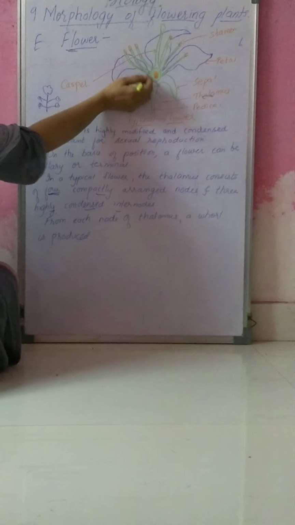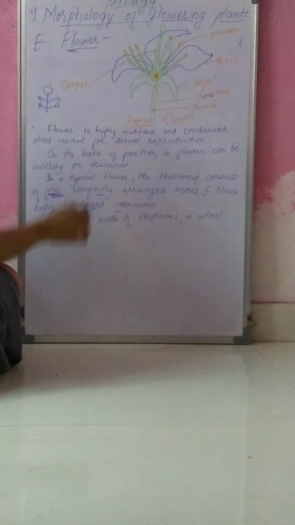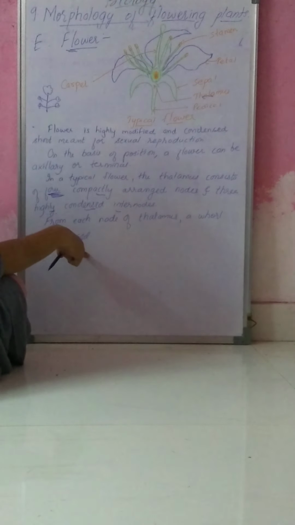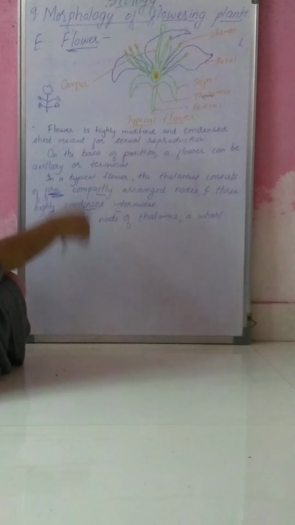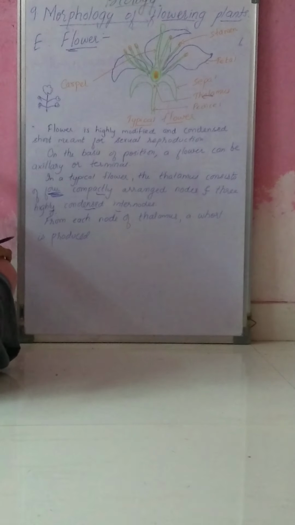And from each node of thalamus, as I said, a whorl is produced. From each node of thalamus, a whorl is produced.